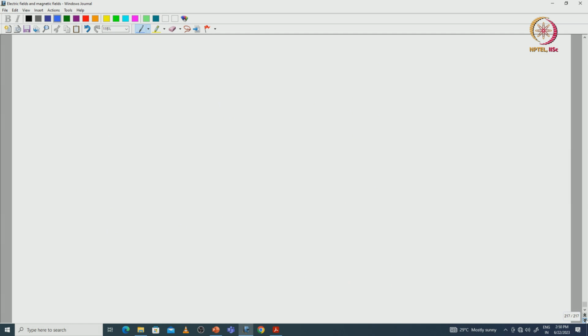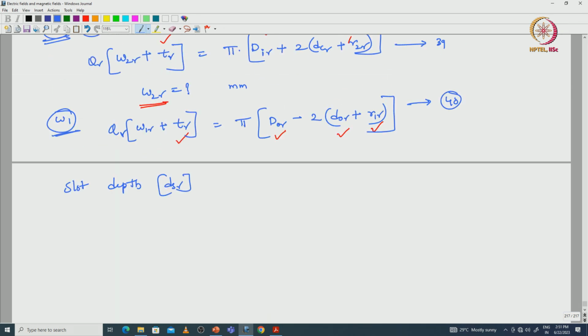So, the remaining thing is slot depth, that is DSR. From equation number 39 and 40, we can find the difference between W1R minus W2R, into QR, is equal to pi into 2 DSR will come.